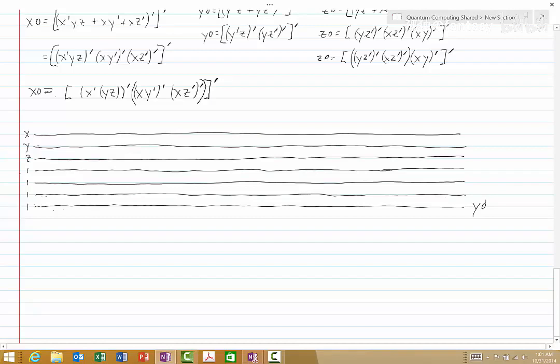Well, if we have a controlled NOT gate, and the controlled NOT gate can be very easily constructed from the Toffoli gate by just setting one of the inputs to 1.